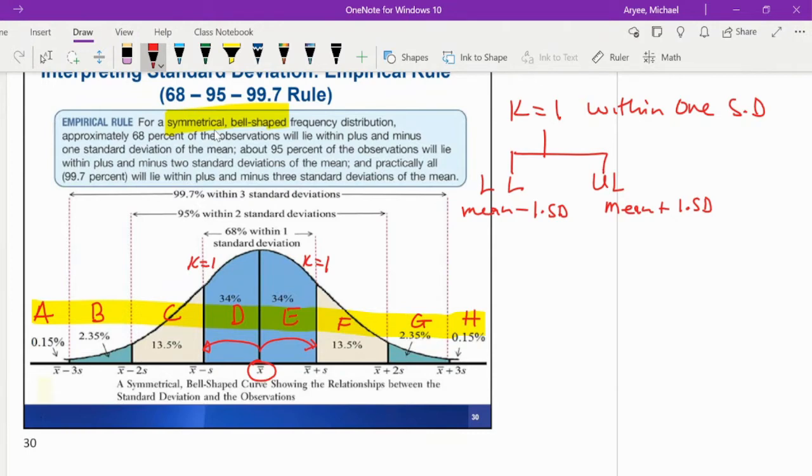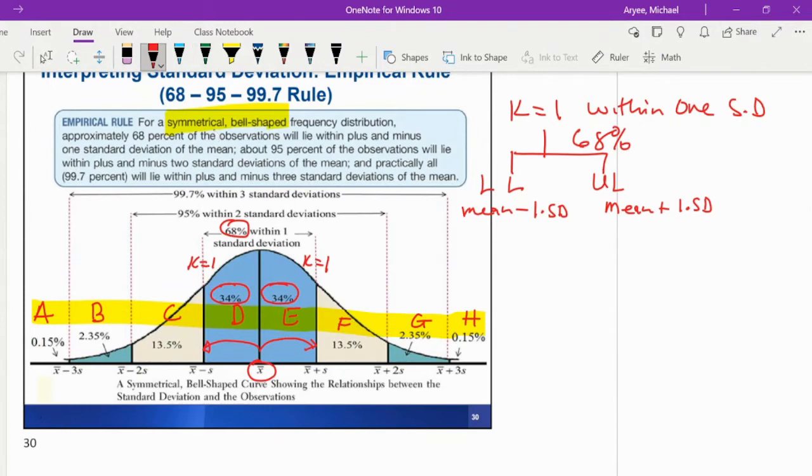Now, because k equals 1 is 68%, then D is going to be 34%, and then E is going to be 34%. So the two of them together gives you 68%. All right. So when k is 1, the percentage is 68% of your data.